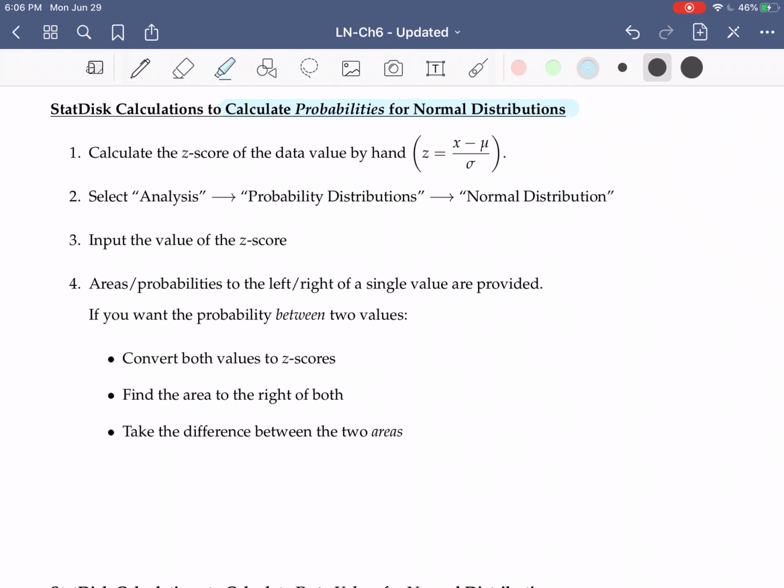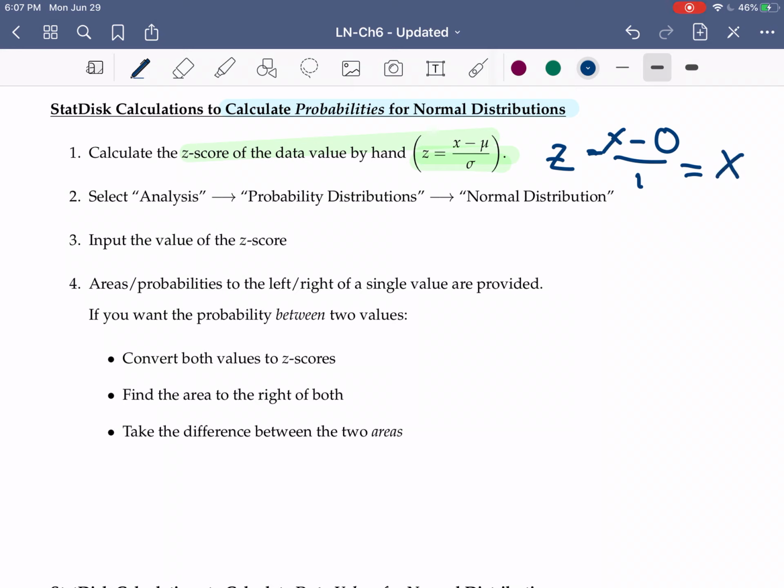what we will do first is convert the data value into a z-score. So we find a z-score. Here for us, if we're talking about a standard normal distribution, the mean is equal to 0 and the standard deviation is equal to 1. And so that z-score is going to be the data value itself.